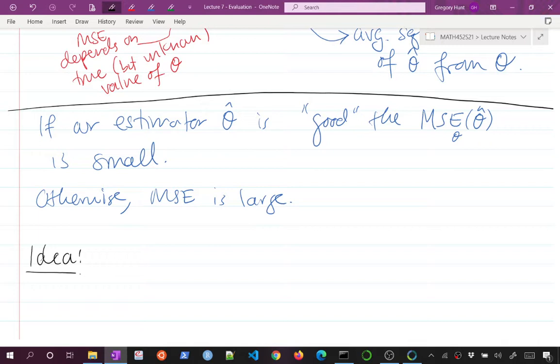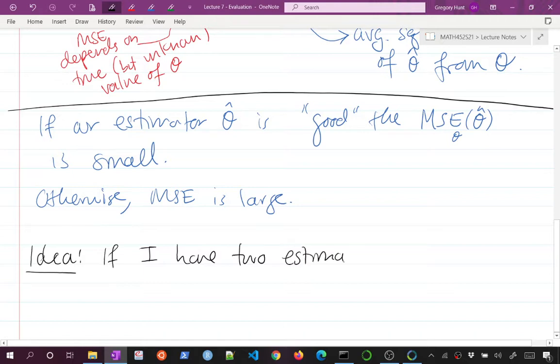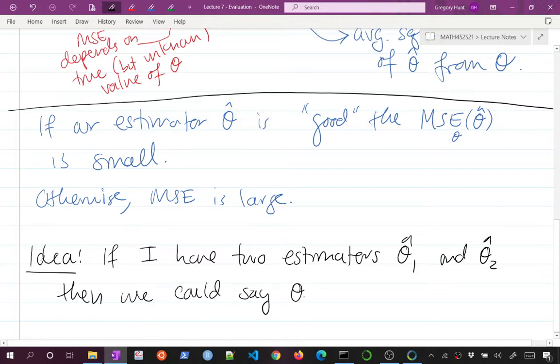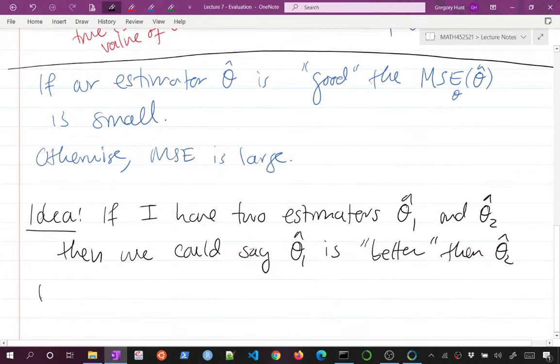But if we want to compare two estimators, that is, if I have two different estimators, let's call them theta hat 1 and theta hat 2, then we could say that maybe theta hat 1 is in some way better than theta hat 2 if the MSE for theta hat 1 is smaller than the MSE for theta hat 2.